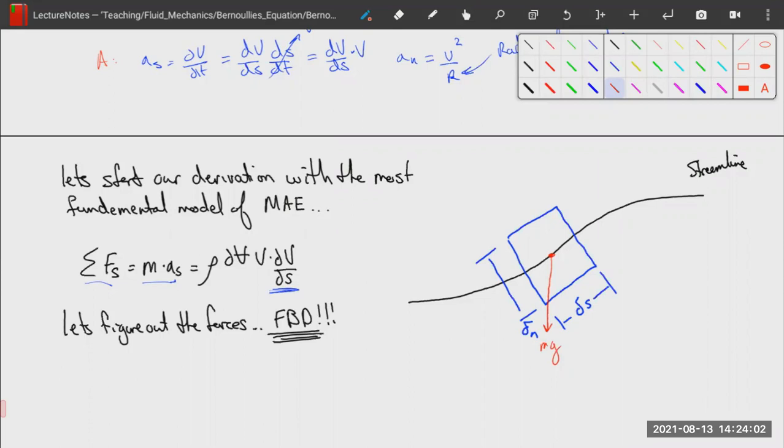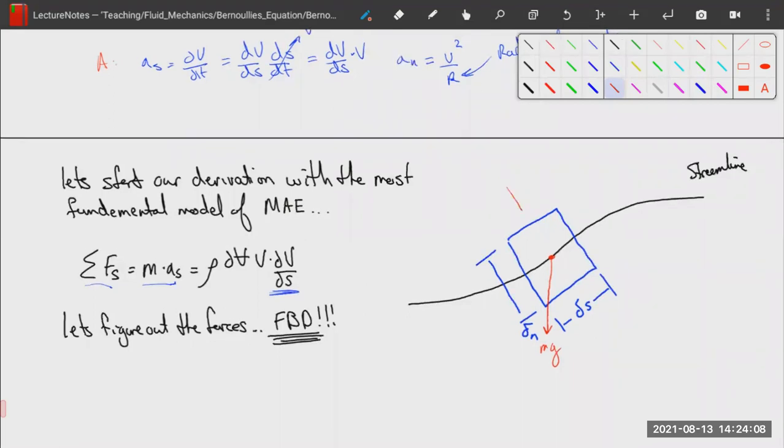We're going to do the exact same thing here. So acting on the top, for example, there is going to be the pressure P in the middle of our differential element plus dp dn, which is the normal direction, times delta n divided by 2, multiplied by an area.